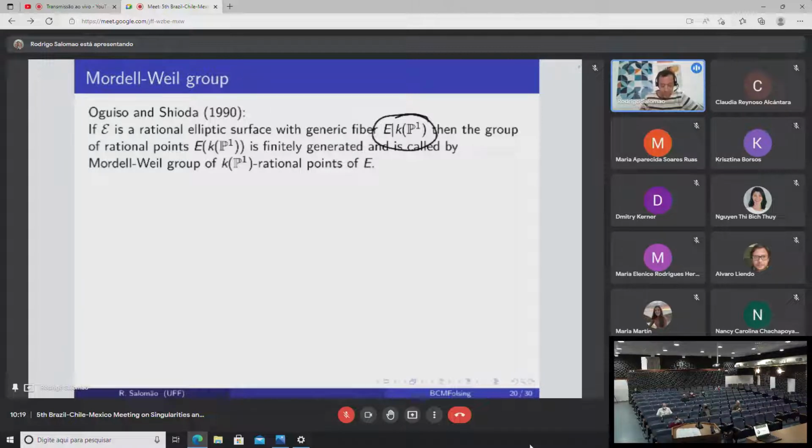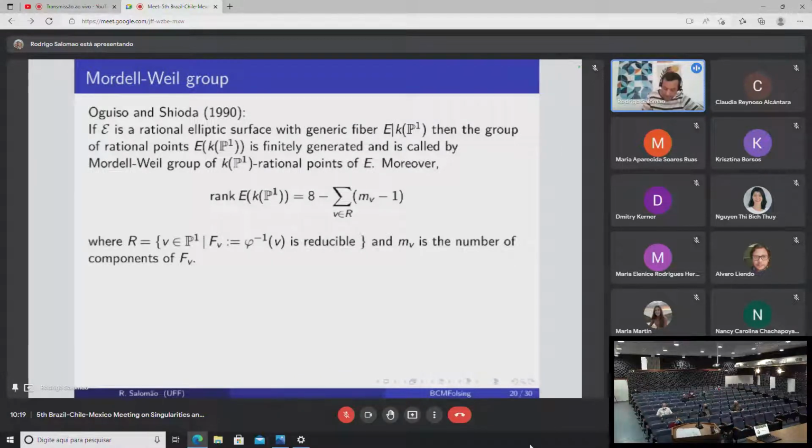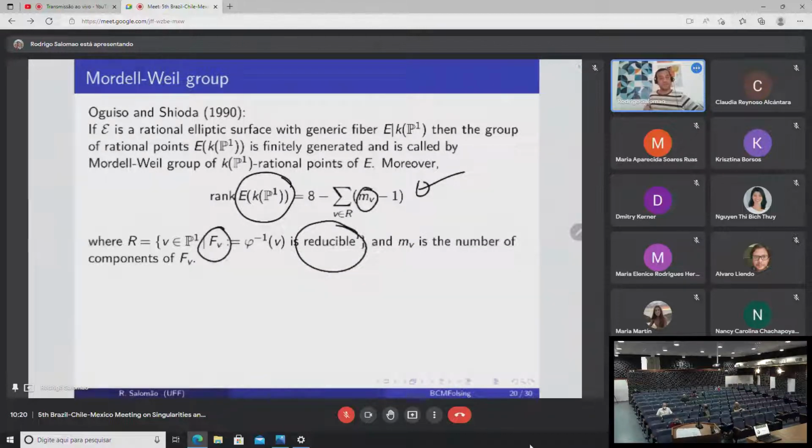And Oguiso and Shioda showed that we can compute the rank of the Mordell-Weil group with this formula, where m_v is exactly the number of components of a reducible fiber, F_v. Okay. Moreover, the Mordell-Weil group is a birational invariant of the generic fiber.